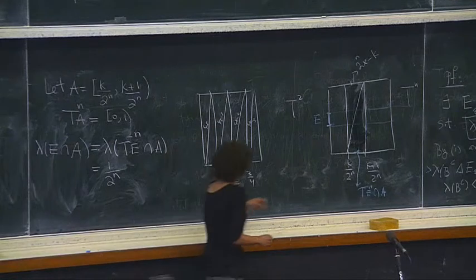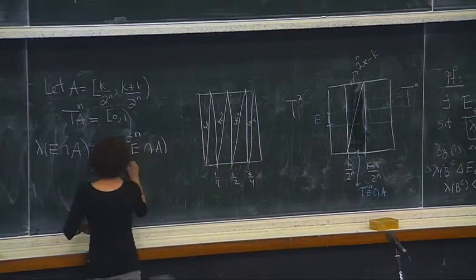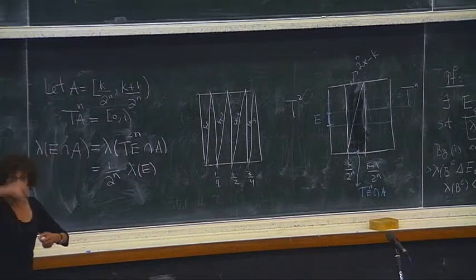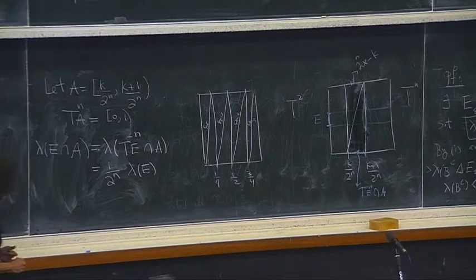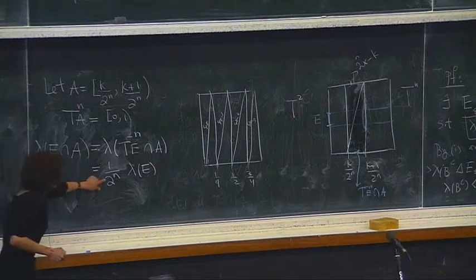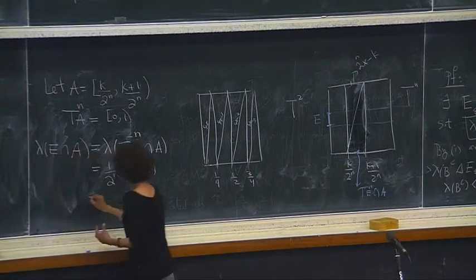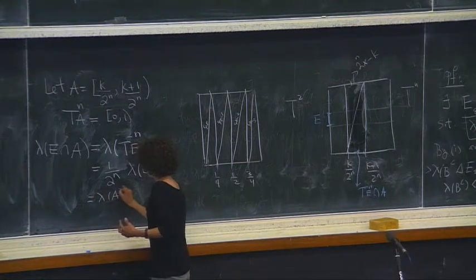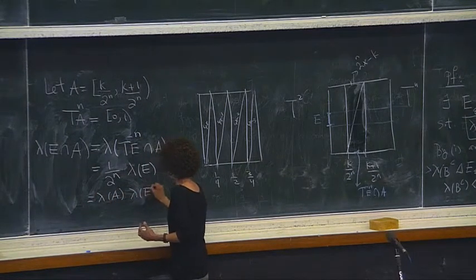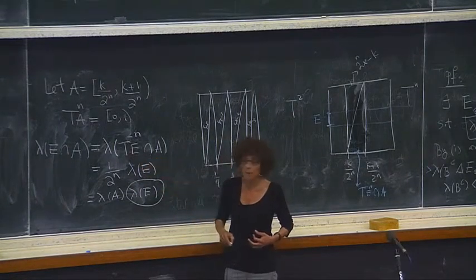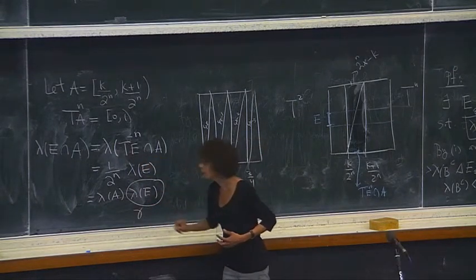So it's just 1 over 2 to the n times the measure of E. It's very important that I have full lines; that's allowing me to do that. And I'm done, because A is a dyadic interval, so this is just lambda of A times lambda of E. And this is my gamma, since I assumed E has positive measure.